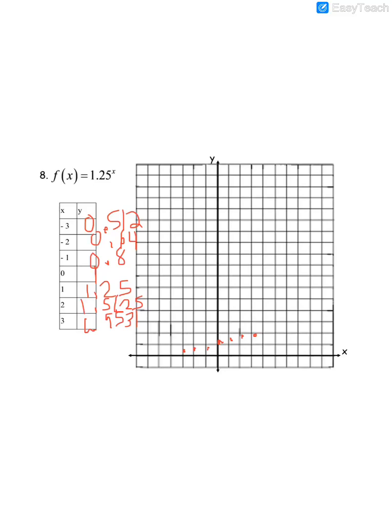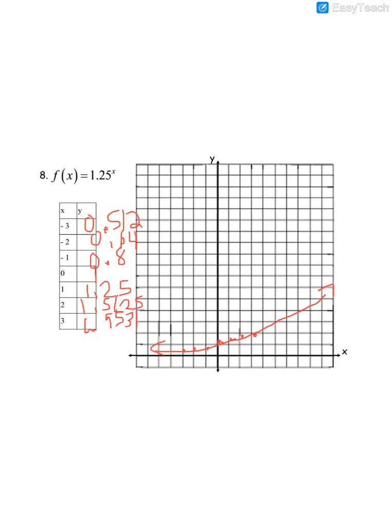So if you're looking at this, it never crosses the x-axis. It basically is going slowly up.